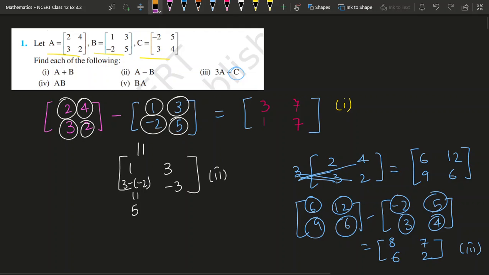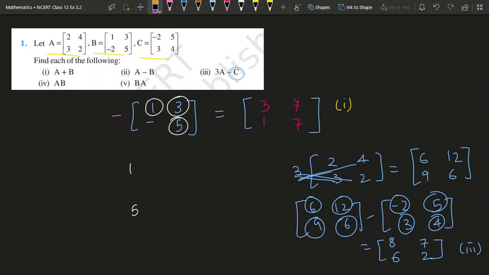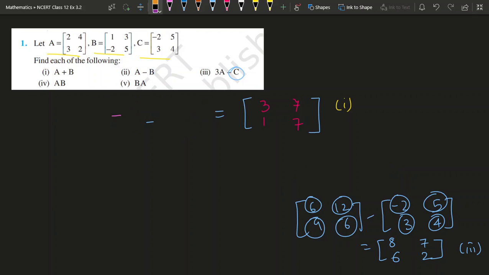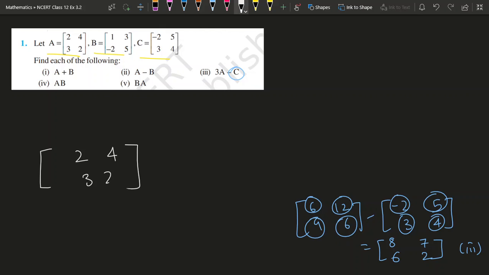Next, we move on to the product of A and B, and I'll erase some of the stuff here. So if you want to figure out the product, we will shift the matrix a bit. So 2, 4, 3, 2, and this is the matrix A. And for the matrix B, you have 1, minus 2, 3, 5. This is the matrix B. And so for the product, let's start with the first entry.